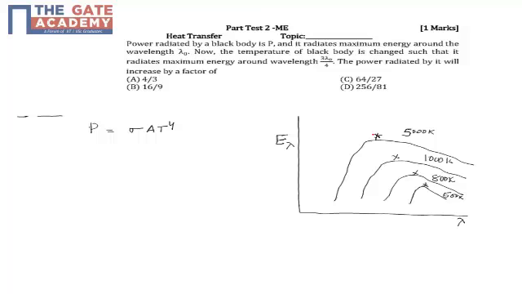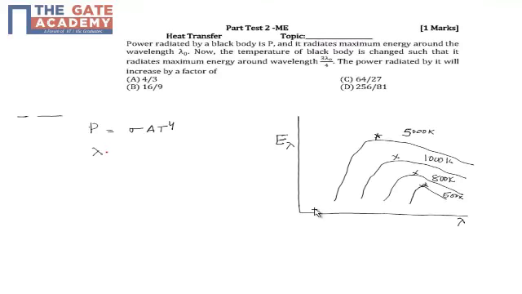All these peak points are captured in an equation given by Wien's law, which says that lambda max into T is constant. That means the wavelength corresponding to the peak spectral power, lambda max into T, is constant.